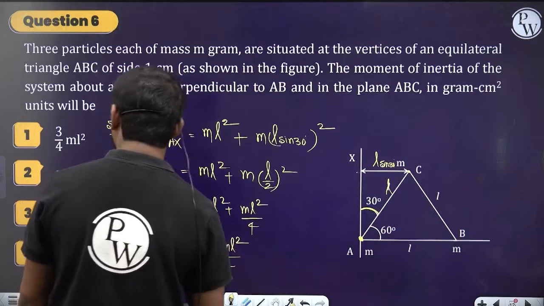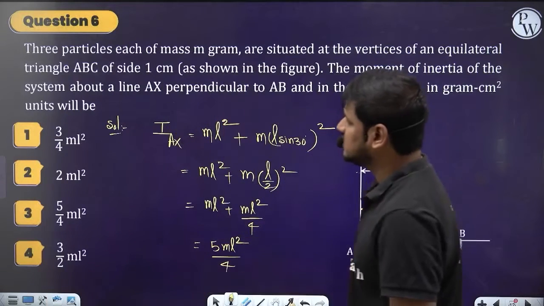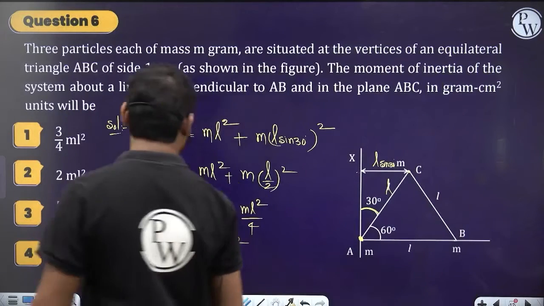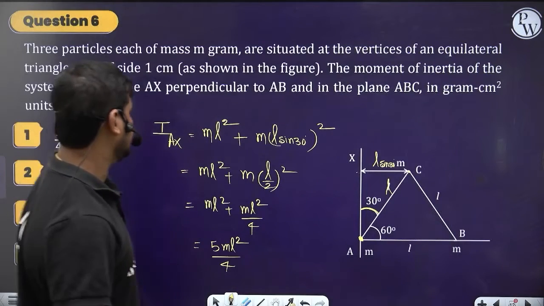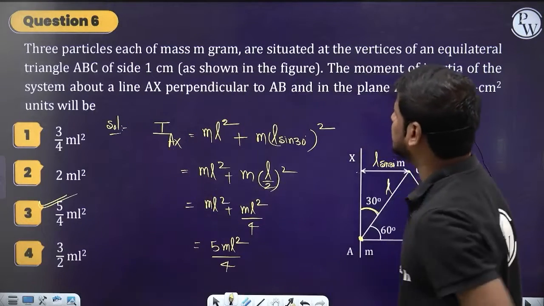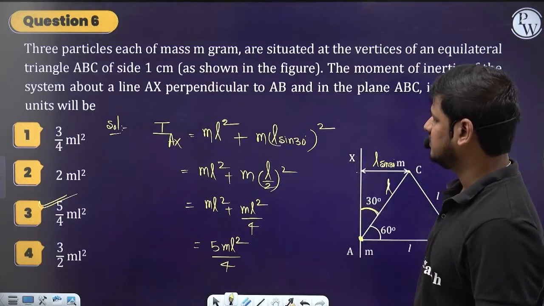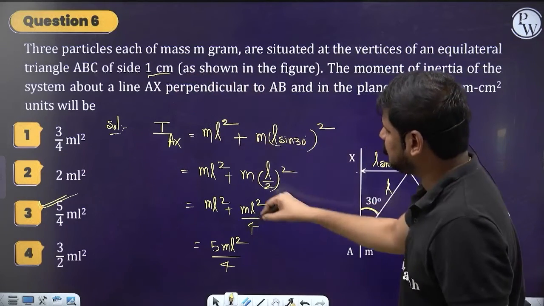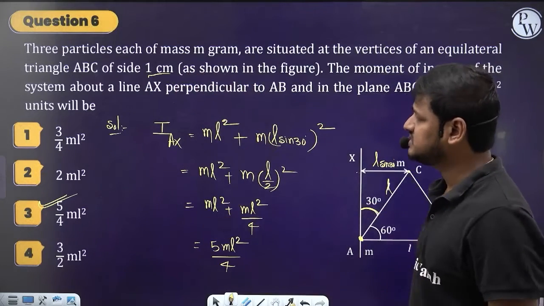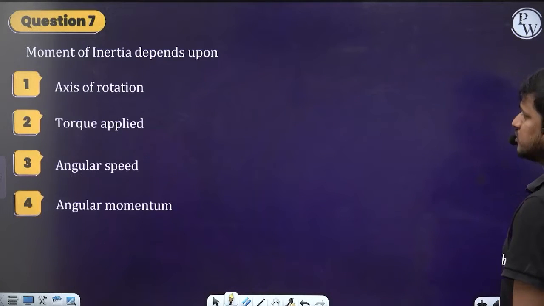If you substitute 1 in place of L you can, but they already gave it in terms of L only, so I can write 5 by 4 ml square. The moment of inertia about the AX axis is 5ml square by 4. Clear? If you want to substitute 1 in place of L you can, but the options are given in L only, so you can take that. Simple question.